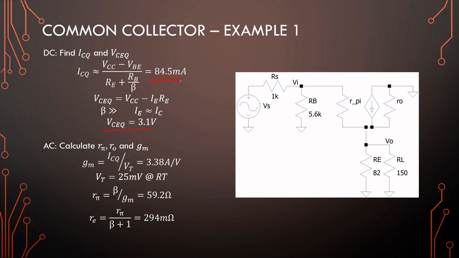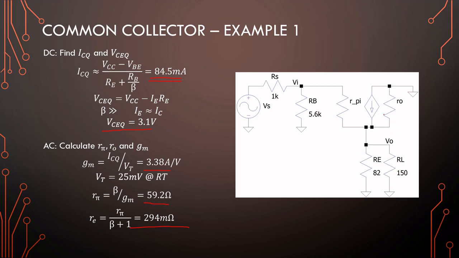Okay, very high current, because this is to drive a very small load, and in turn we will have a very large transconductance. R pi will be small, and Re will be R pi divided by beta plus 1, which is in the milliohm range. We do not calculate R out here.